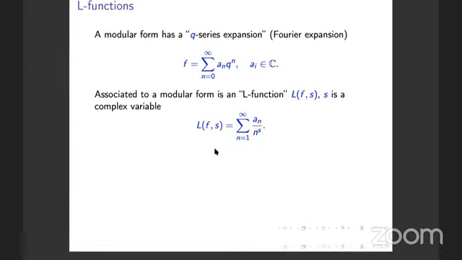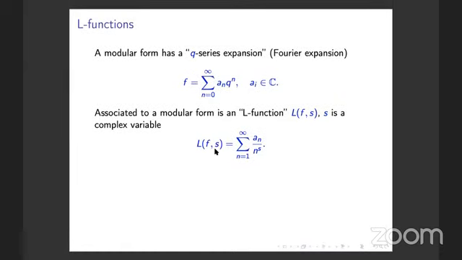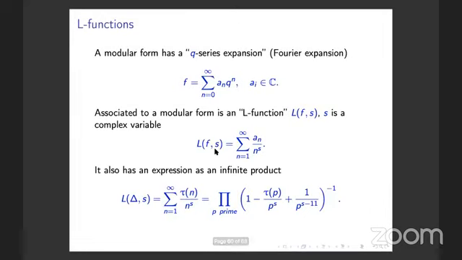And again, like the Riemann zeta function, which had the property of being able to express it as an infinite sum as well as an infinite product, these L-functions have the same property. You can also write them as an infinite product. So for instance, if we do that with this special modular form, Ramanujan's tau function modular form delta, then you can write L(delta, s) as the sum of tau(n) upon n to the power s.